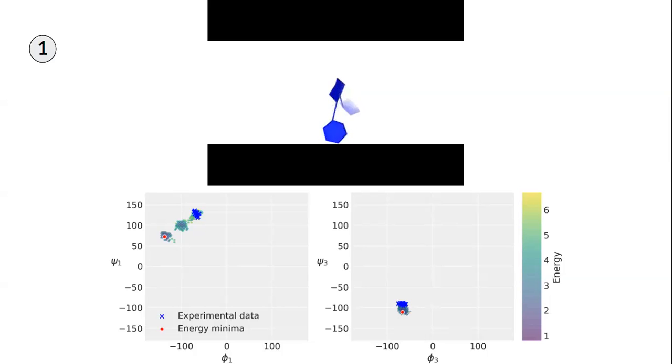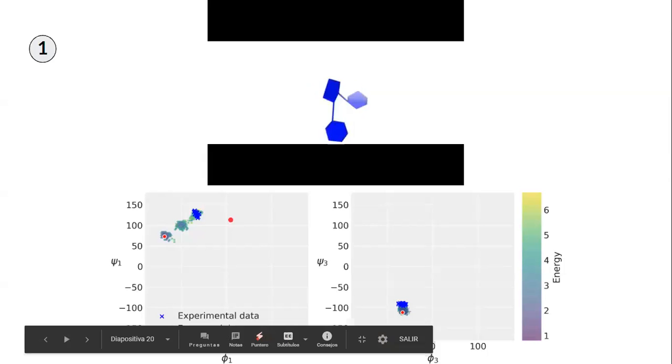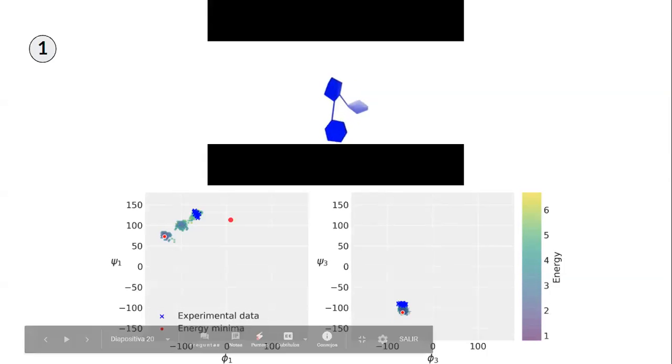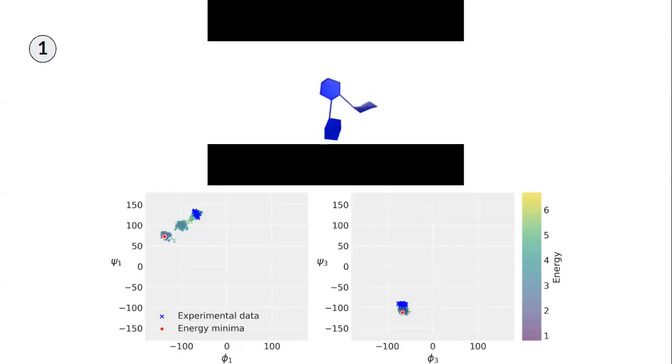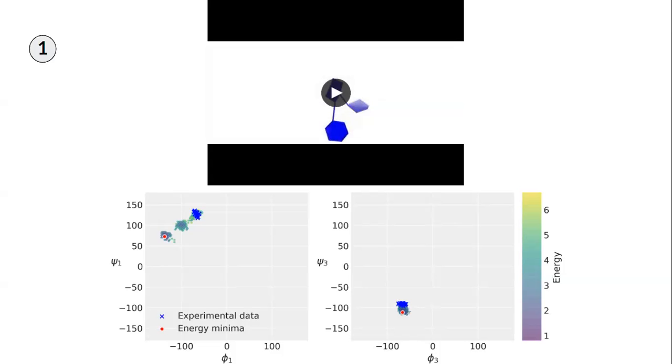As I mentioned earlier, the structure of this glycan is known, so we have experimental data on the torsion angles to validate this run. As we can see for the first pair, the energy minima and the experimental data do not match as they do in the second pair. This may be due to the fact that in our simulation, we only accounted for the glycan molecule, while in the experiments, the glycan molecule was bound to a protein.